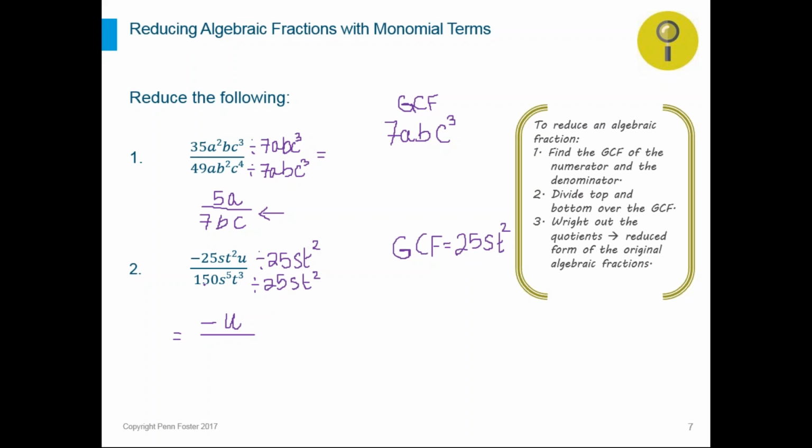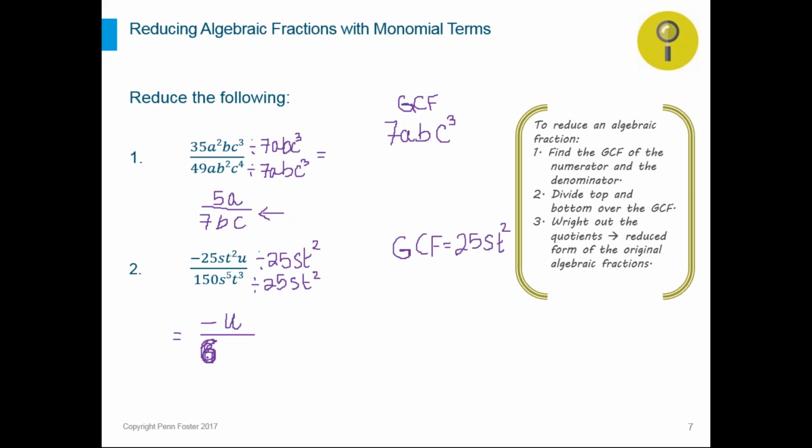On the bottom, 150 divided by 25 will give you 3. And then you will divide s to the 5th over s to the 4th. Actually, this is 6. I was doubting my answers here. 6 is the quotient of 150 over 25.